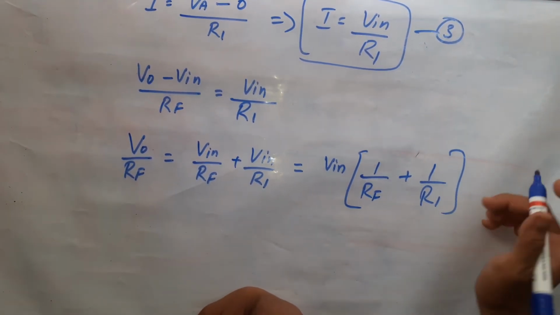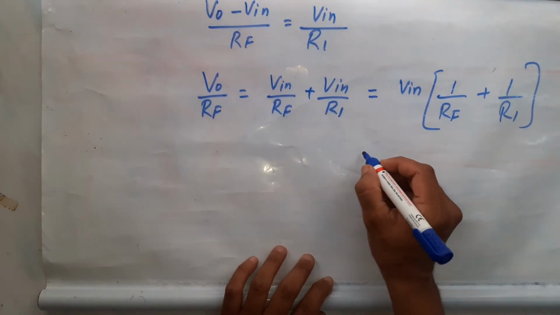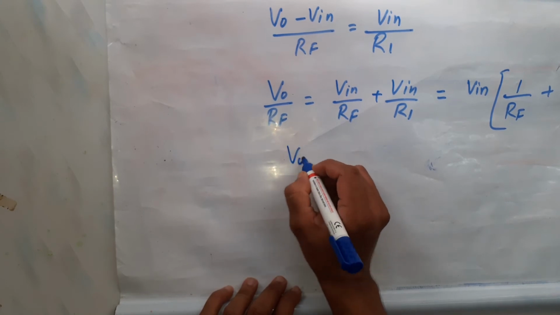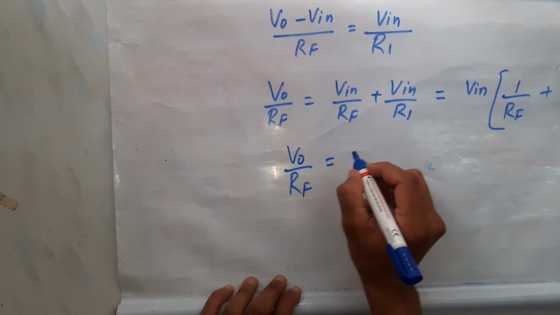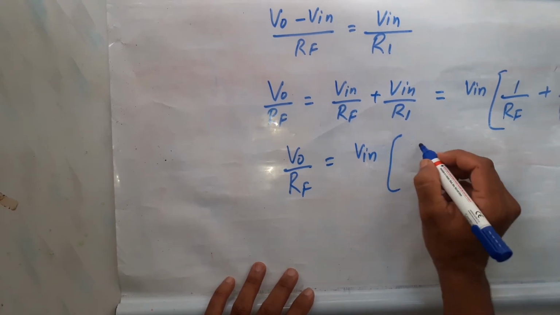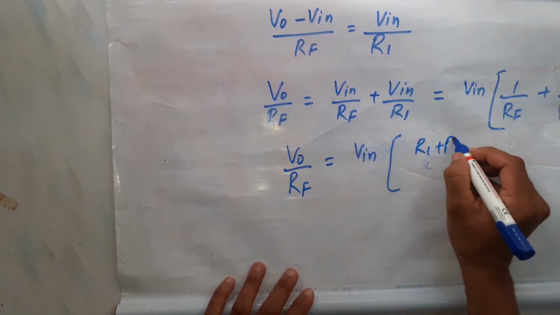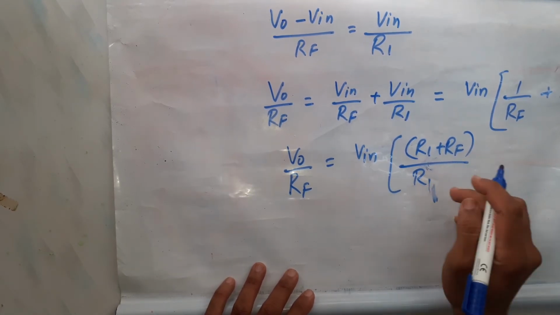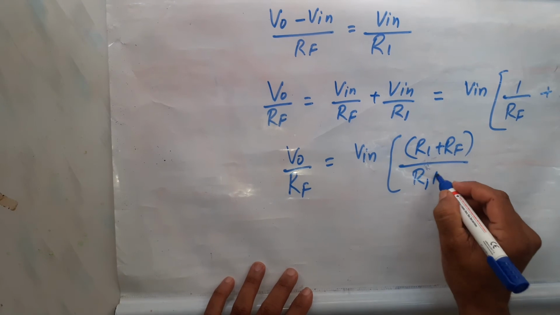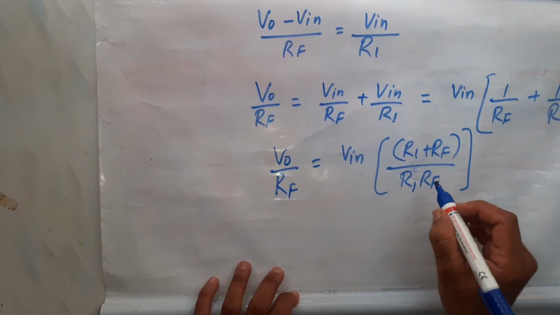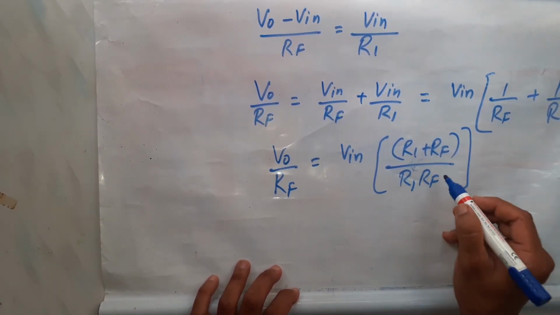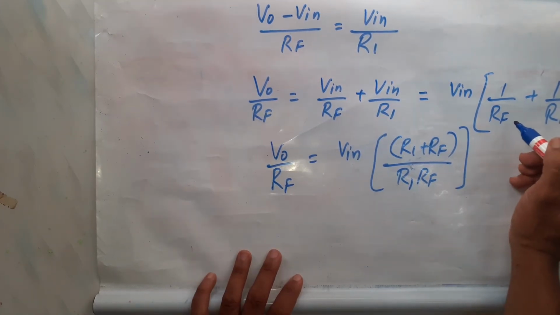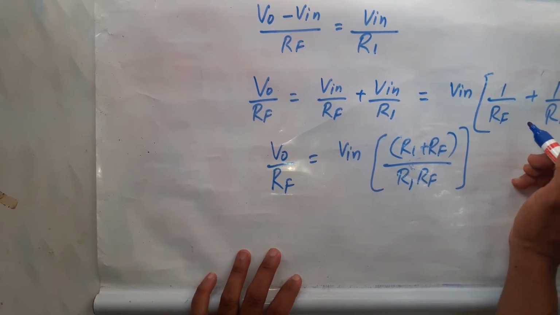Now if I simplify this, it becomes R1 plus RF divided by R1 into RF, which is the parallel combination of R1 and RF. R1 and RF are in parallel.